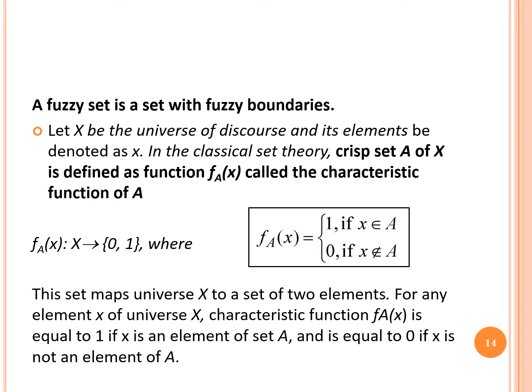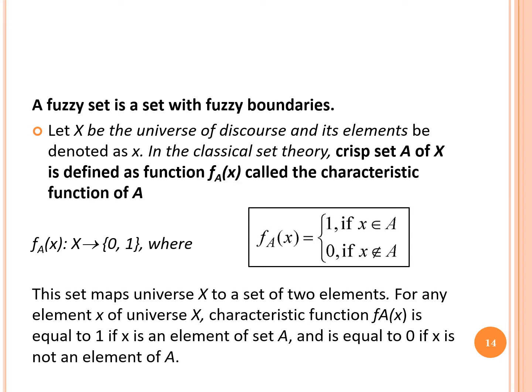For any element x of the universe X, the characteristic function is equal to 1 if the element is in set A, and equal to 0 if x is not within set A.